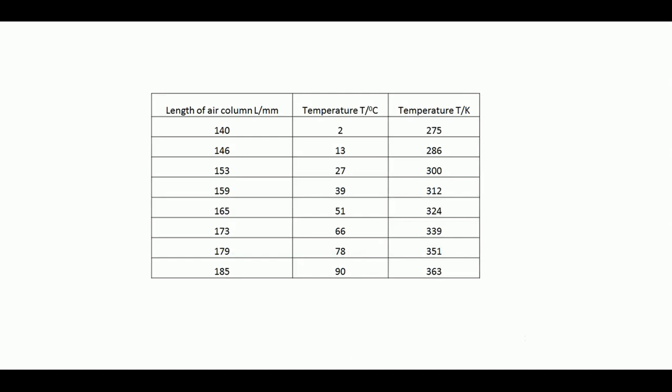For the same data that we were provided with, we had length of air column and temperature in degrees Celsius, and what we are doing now is establishing the absolute scale. Now this is in degrees Celsius, and the absolute scale temperature is measured in Kelvin. In order to convert degrees Celsius into Kelvin, all we do is add 273 to the number.